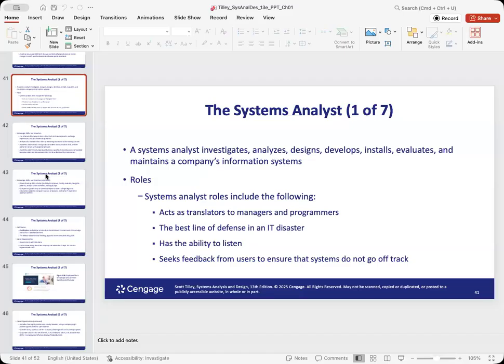And as a systems analyst, you must have the ability to listen, and also you have to seek feedback to ensure that systems do not go off. All right, so the one who asked for a career path, I hope now you'll be thinking of becoming a systems analyst. You have a lot of work on your hands.